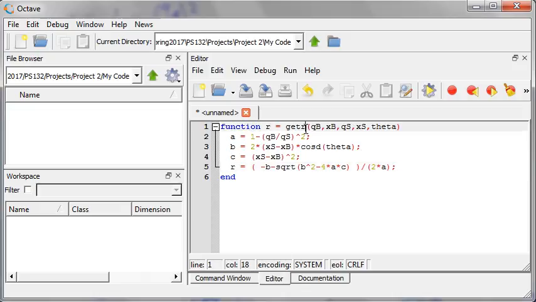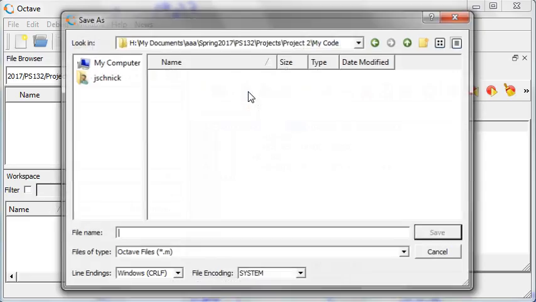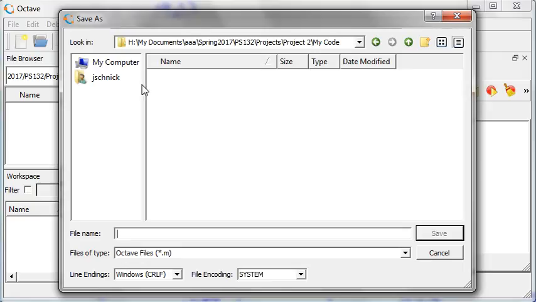Let's save it. And I've got to save it as getR. I'm going to Control C, which copies it to the clipboard, and then try saving. And again, I am right where I want to be, I think.